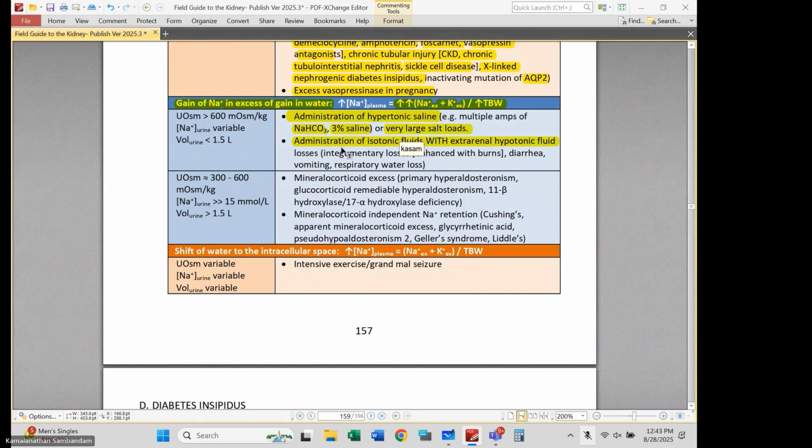Okay. So this would be, again, that patient who has a burn and they're losing hypotonic fluids, but you're giving lots of isotonic fluids. The patient who's having lots of diarrhea or vomiting, respiratory water loss. This captures a lot of those patients in the ICU that you see.